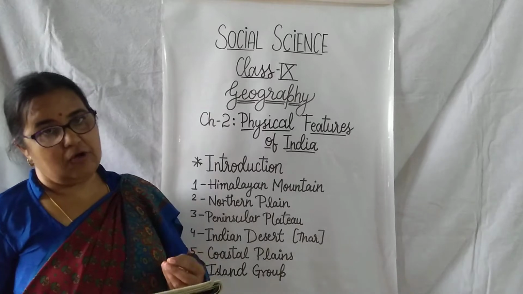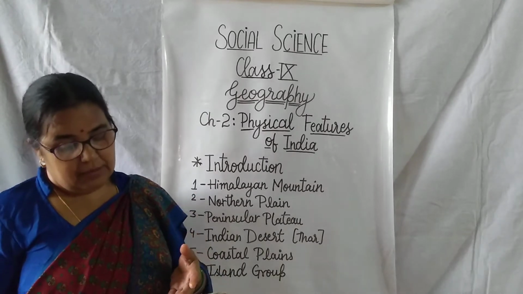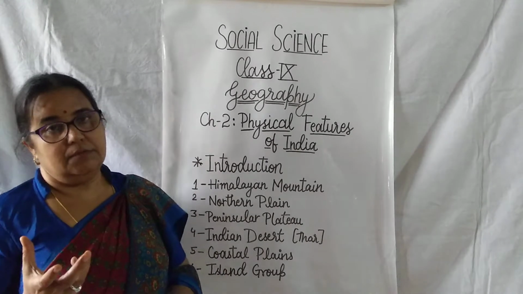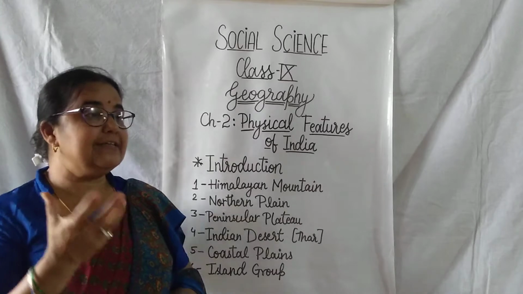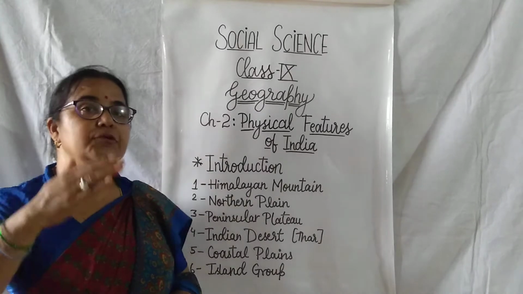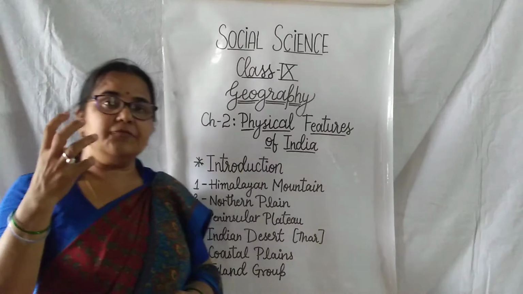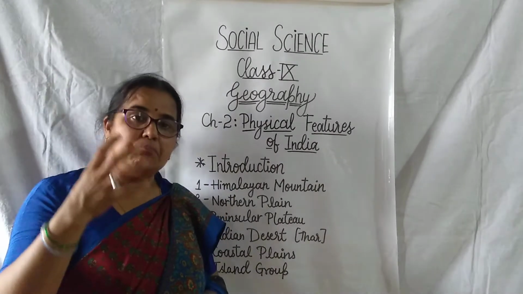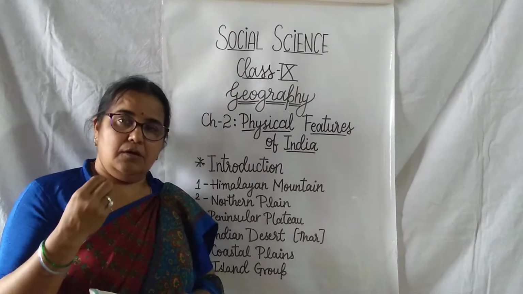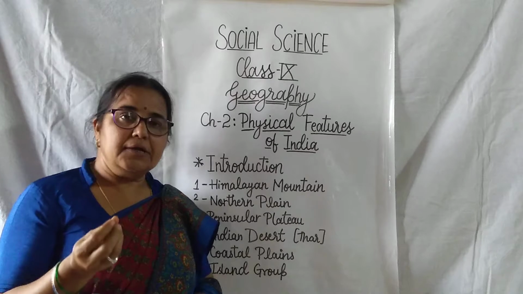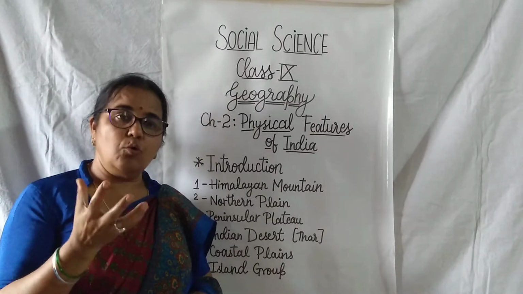What is this? According to this theory, our Earth, as you already read in classes 6, 7, and 8, is made up of three different parts: crust, mantle, and magma, or core.